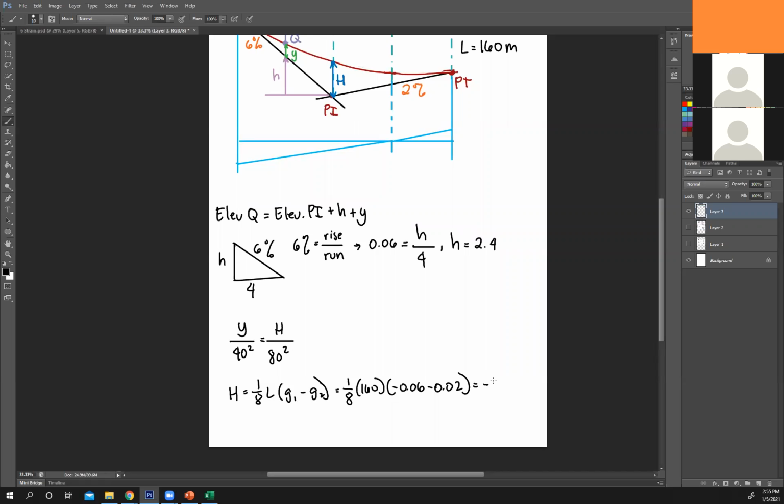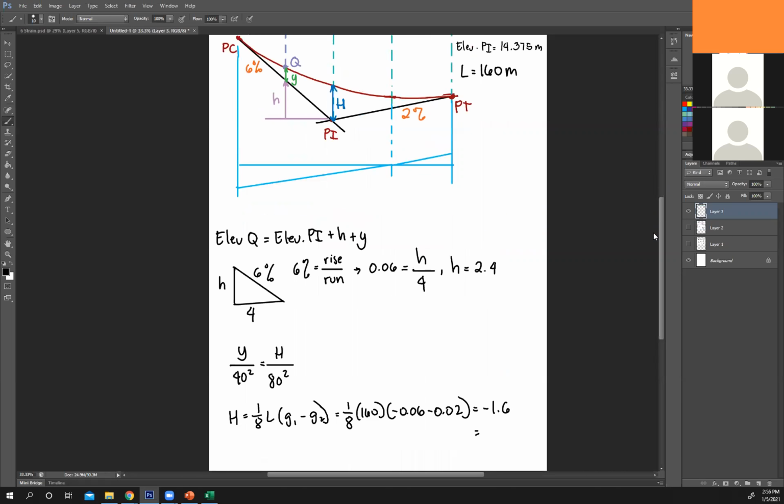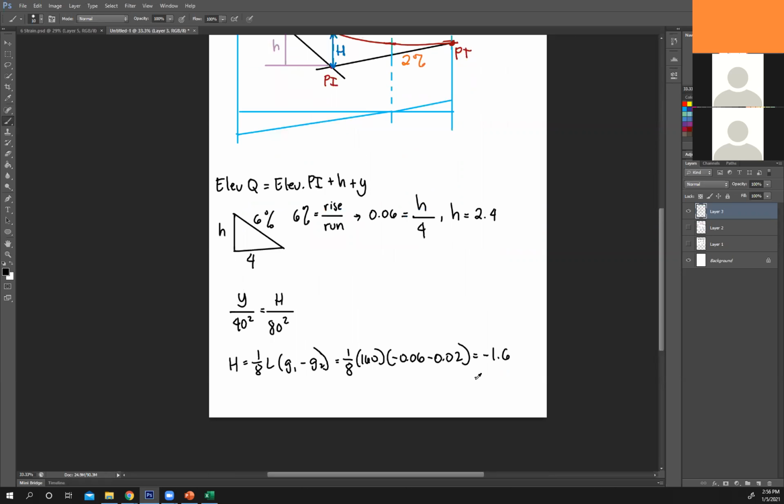So solving for this, you get negative 1.6. However, we only need the magnitude of the distance, so ignore that negative sign. That negative sign just means we have a sag. That's all it means. So just use 1.6, okay?